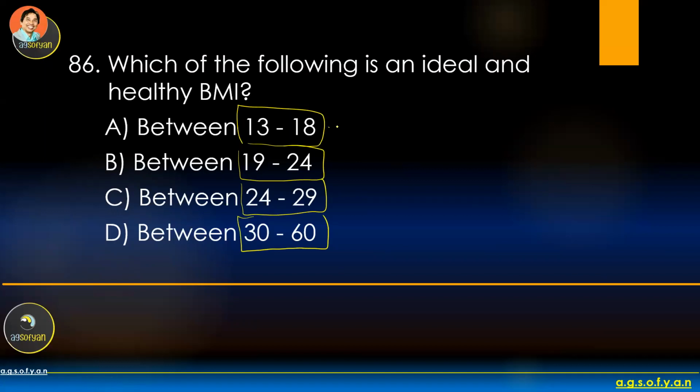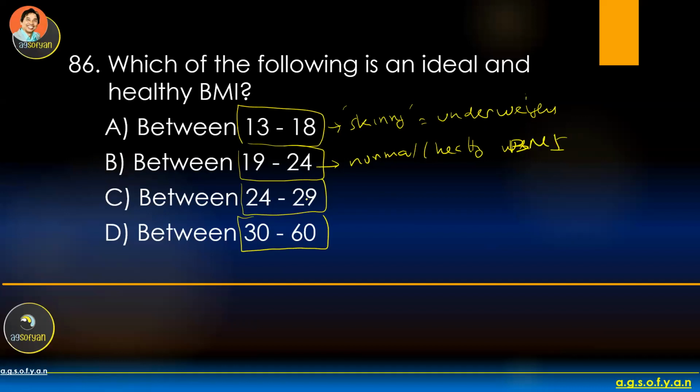Okay, between 13 to 18 is considered skinny, underweight. 19 to 24 is normal, healthy weight, or healthy BMI.